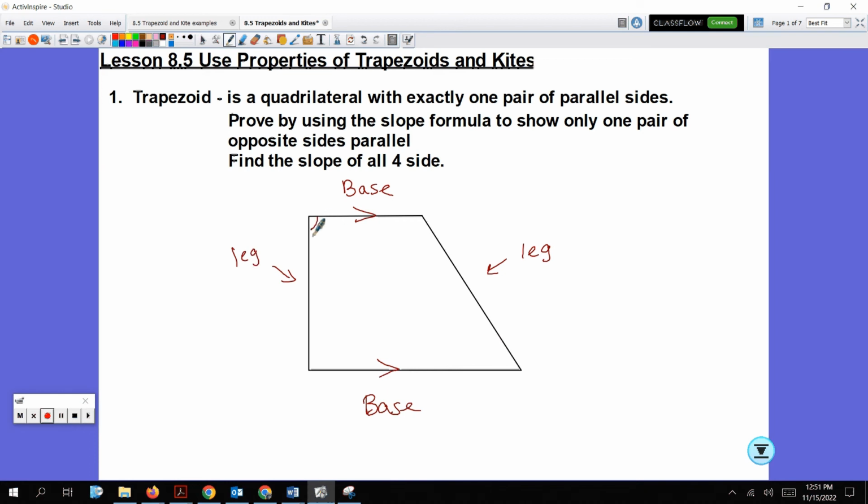Then all of these angles in here are known as base angles. All right, but the most important thing to know about a trapezoid is it has exactly one pair of parallel sides. You would find the slope of all four sides to prove there's only one pair.